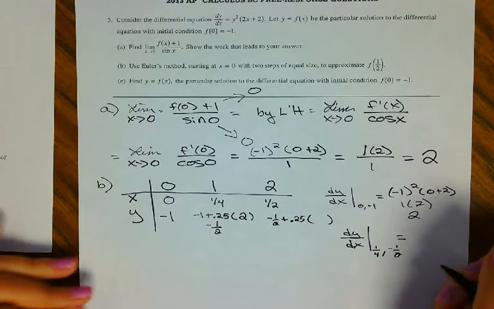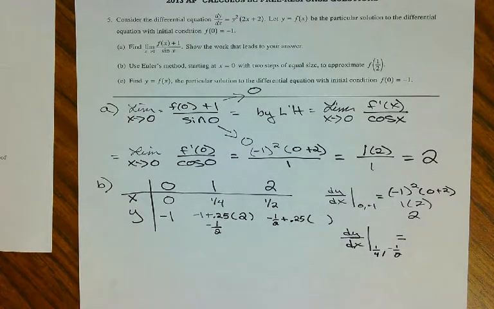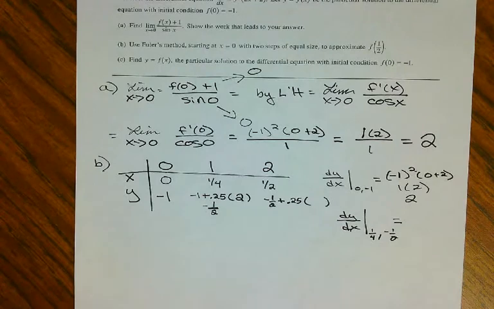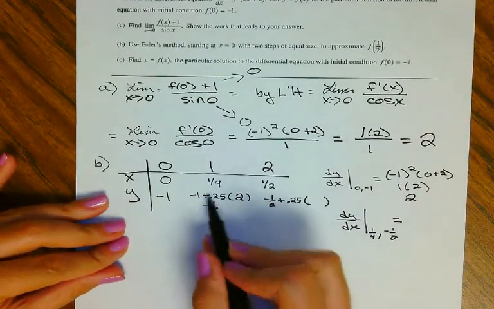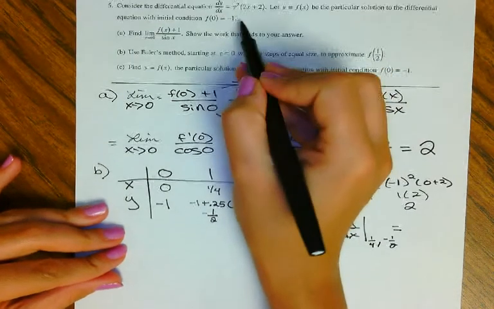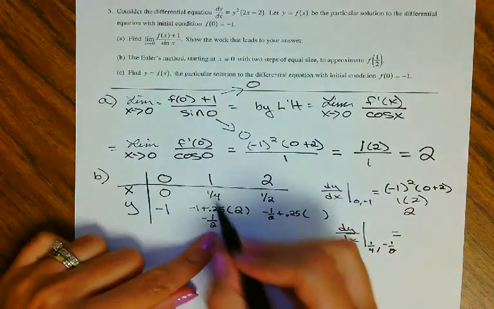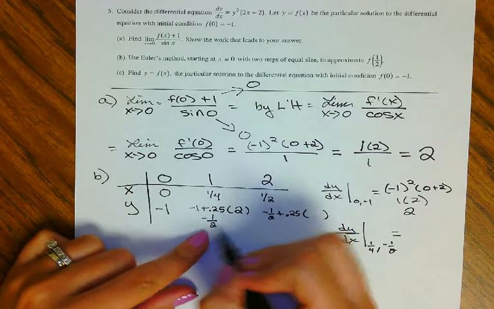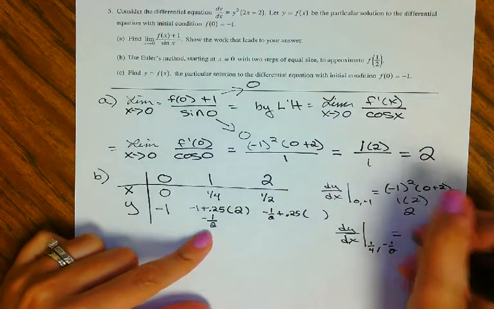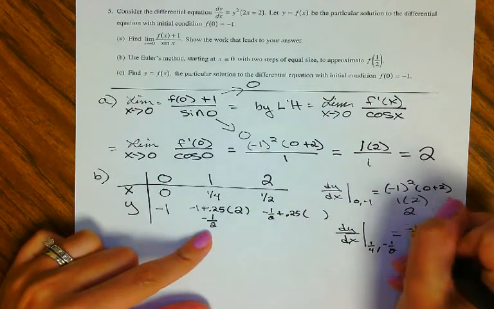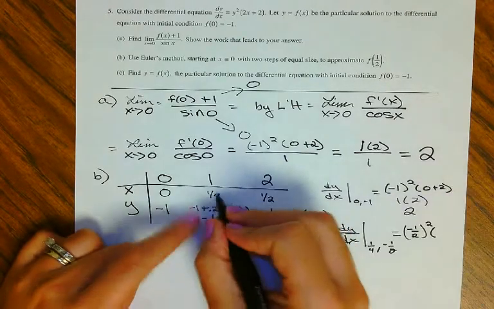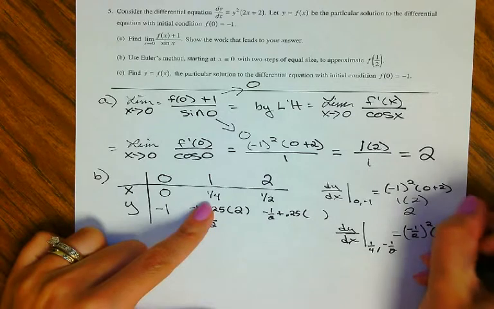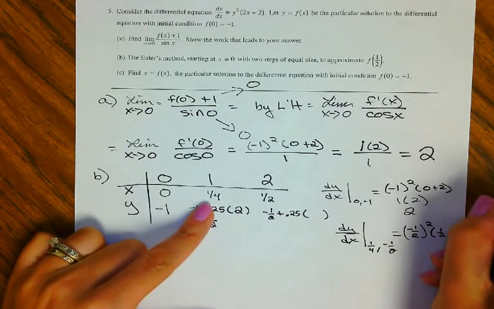You plug the previous point into the derivative up here. You have the y squared, so negative 1/2 squared, multiplied by 2 times x, so 2 times a quarter is 1/2, and then plus 2.